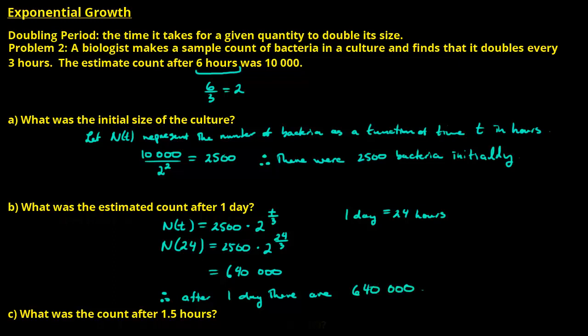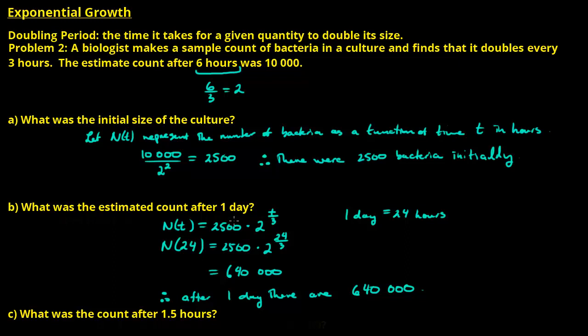One thing to note is that when you're modeling naturally occurring phenomena with exponential functions, the functions often have a limited domain. Obviously, if the bacteria kept doubling every 3 hours for a year, the culture would probably be larger than the mass of the Earth.